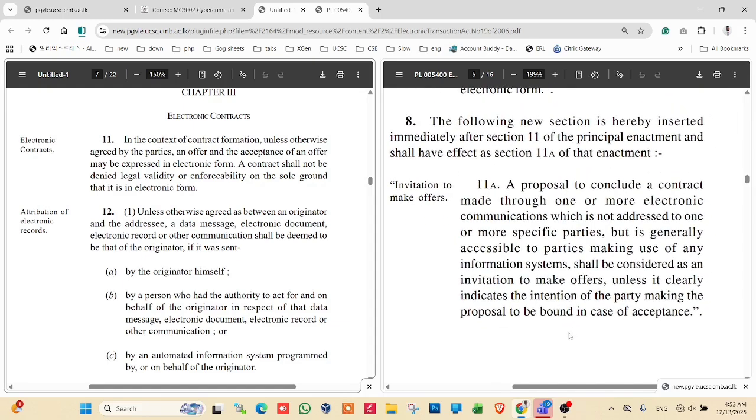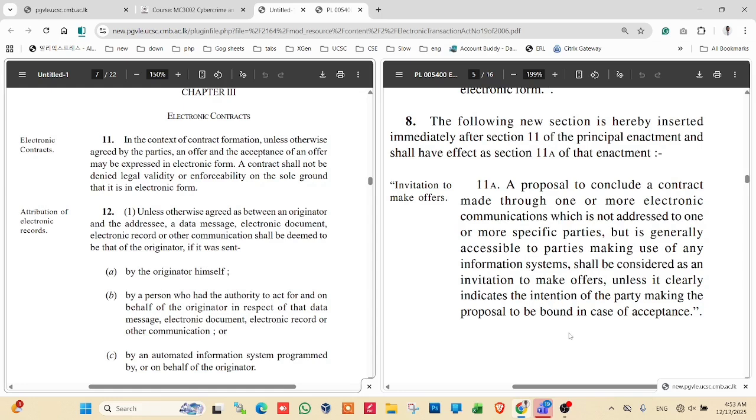Is that clear? So then, unless it clearly indicates the intention of the party making the proposal to be bound in case of acceptance. Now, this means everything that is listed on the internet is an invitation to treat that the seller can reject, unless the seller states it clearly indicates the intention to be bound in case of acceptance.